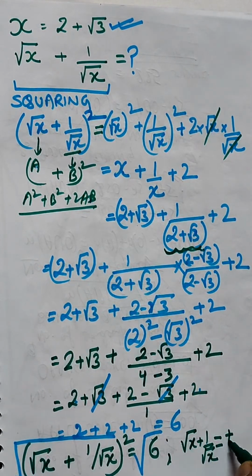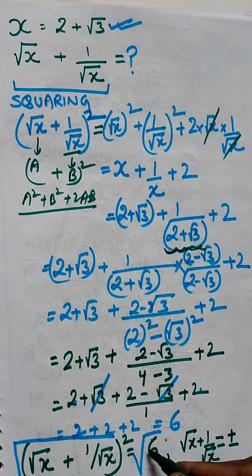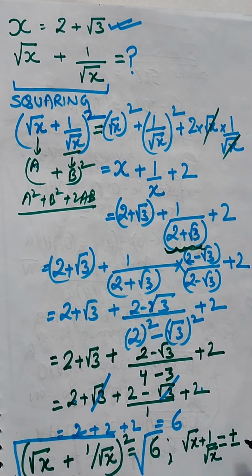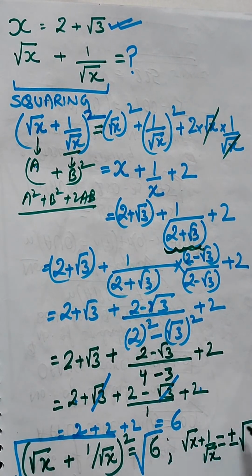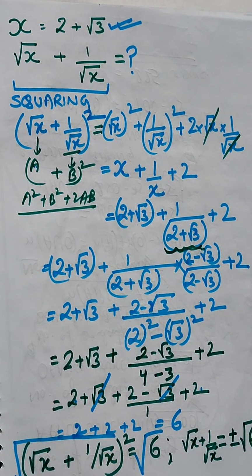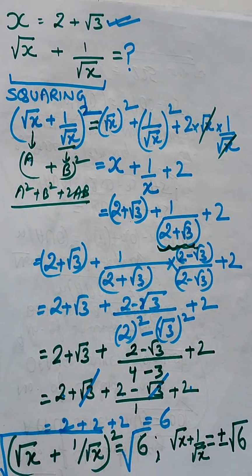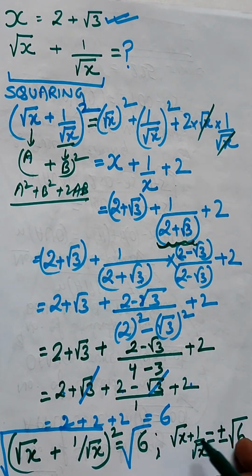This will give you plus minus, because when you take the root, there will be two terms: plus root 6 and minus root 6. This is your answer, right? So in this way, we have solved this question.